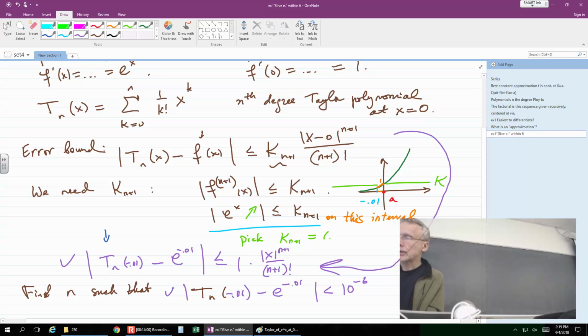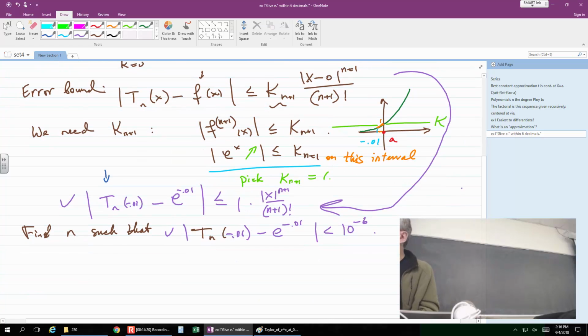Okay, so these are the two things that we have to look at, number 1 and number 2. Number 1 is what we've got, number 2 is what we have to find, and so we have to use the first inequality in order to figure out what n should be in order to turn that inequality into the second inequality. So how do we guarantee this?